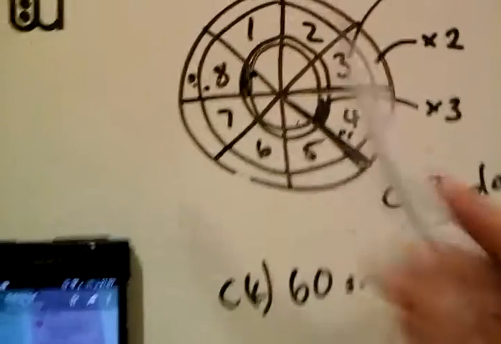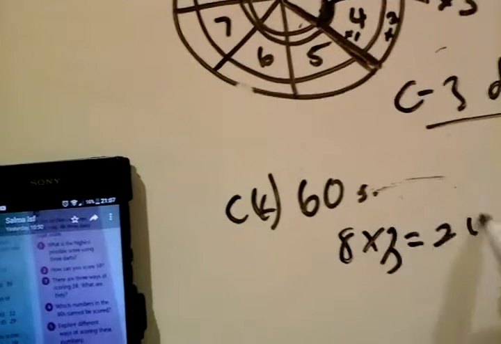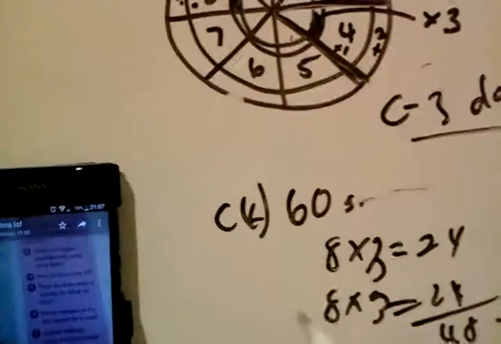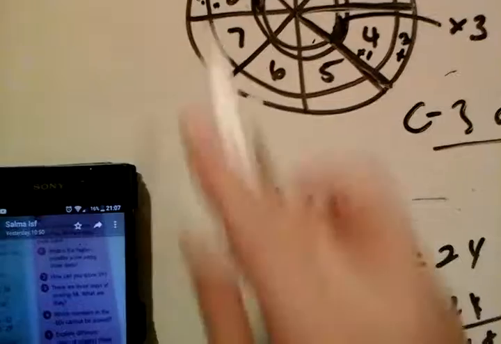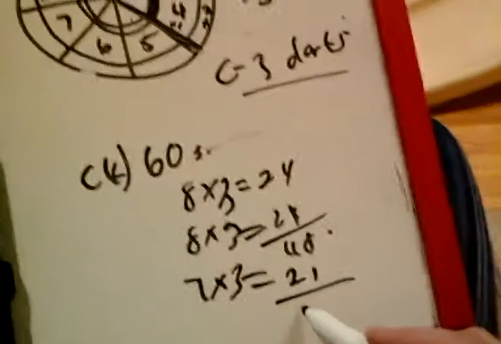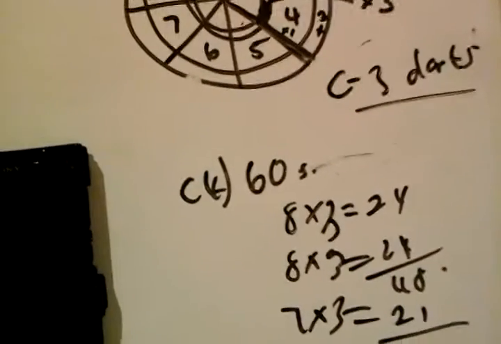So if I did 8 times 3, which is 24, and then another 8 times 3, which is 24, that gave me 48. And if I did 7 times 3, was that 21 plus 48, which is 69.